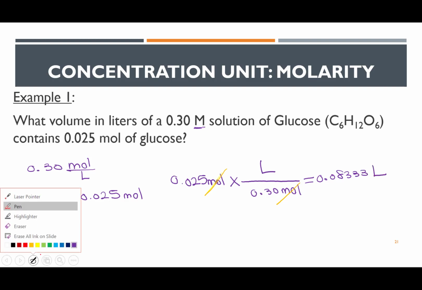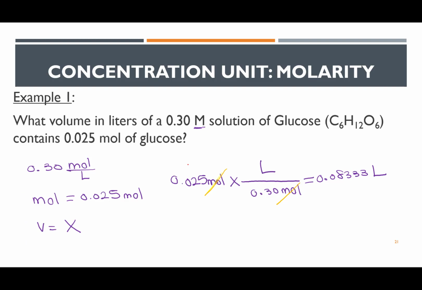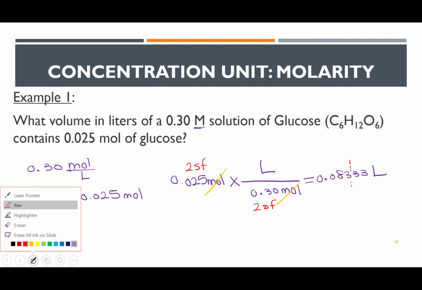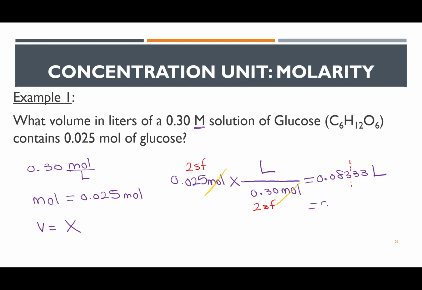Now next we have to take care of the sig fig. The answer is 2 sig fig: 0.083 liter. Okay, that is the volume in liters. Since the question asks us in liter, we leave it in liter.